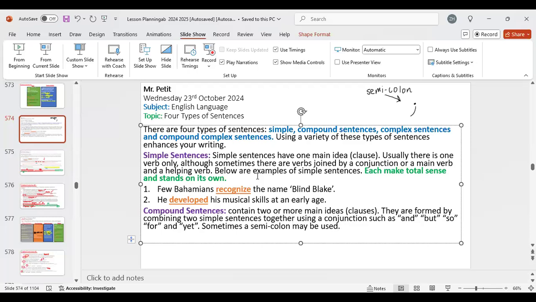So let's do an example. Examples are below.